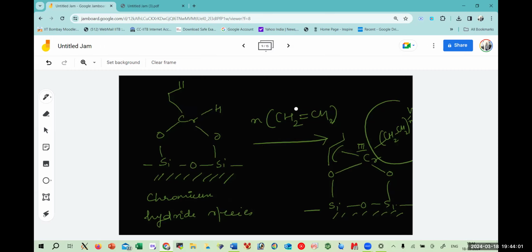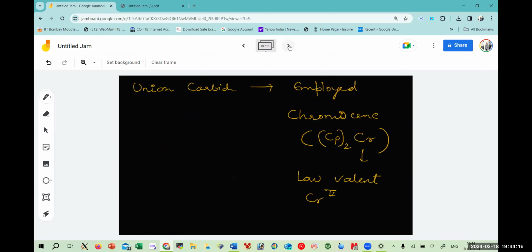Once it is formed, it continues to react with your ethylene molecule and this would give you a chain over here. So therefore, we get a polyethylene with high density at very low pressures if we use the Philips process. Considering this one, another industry called Union Carbide employed the chromocene. Earlier, we were using the chromium oxide.